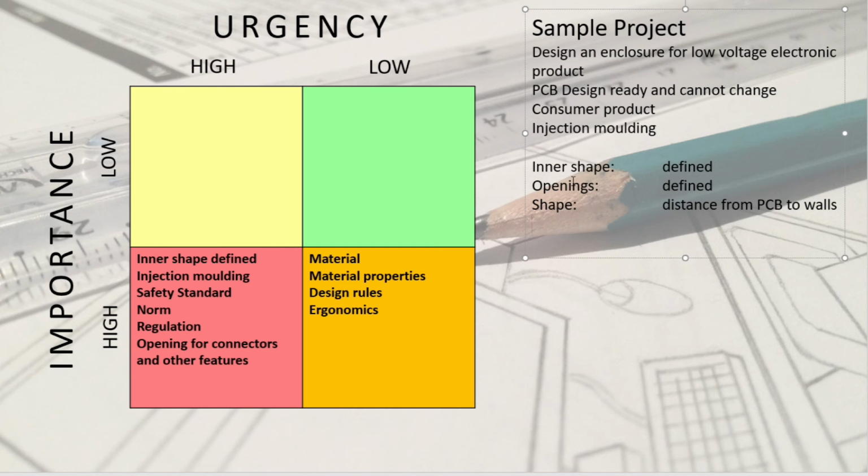And we go to the next box, which is with low urgency but high importance. Based on the information we already have, we can decide what kind of material we will choose. I will choose ABS. Then we go to design rules.